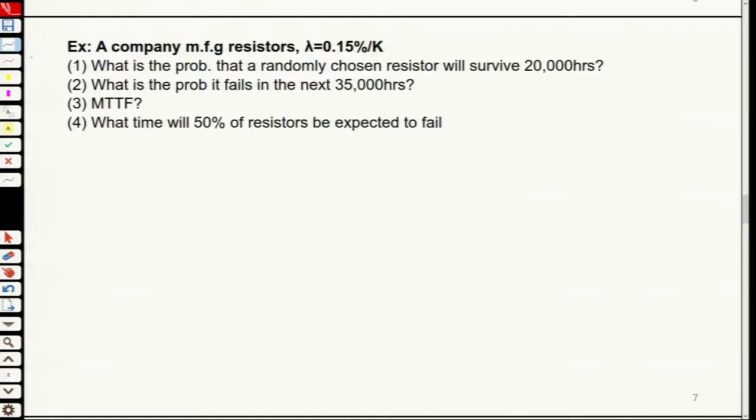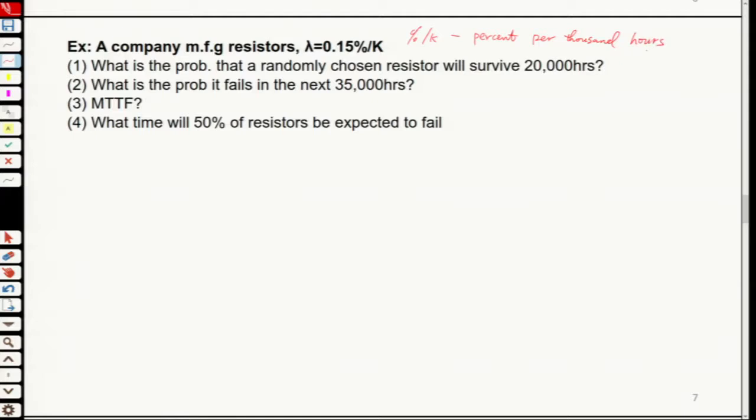This is percent per K. Percent per K is actually percent per 1,000 hours.